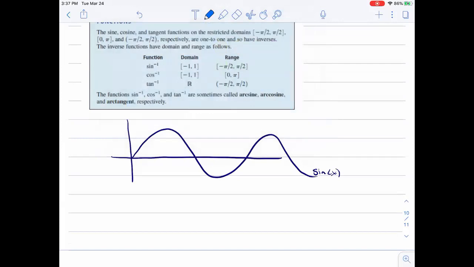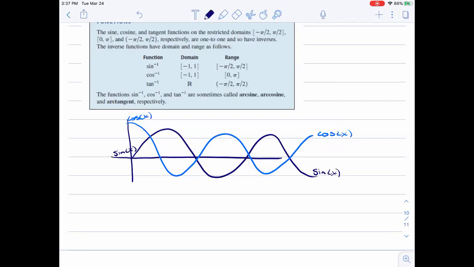Cosine of x starts down here, wee. So remember, I just do them kind of alphabetically. So cosine starts up here and sine starts down here, right? C comes before S, so it starts up here and then they just kind of fishtail around each other. Okay?